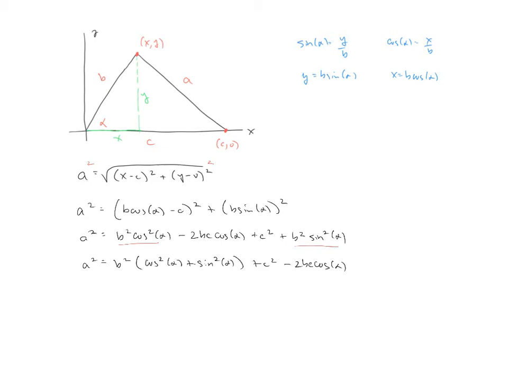And I can also now see that cosine squared plus sine squared is going to be 1, leaving us with the end result of a squared equals b squared plus c squared minus 2bc cosine alpha. And that's going to be one of the forms for the law of cosines.